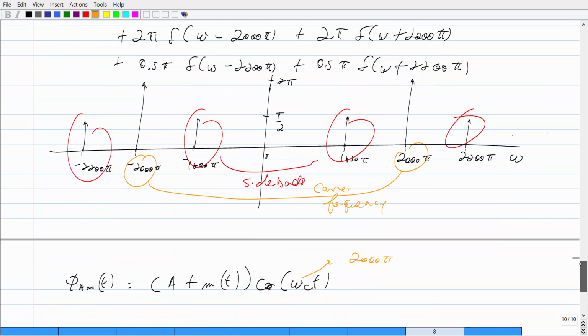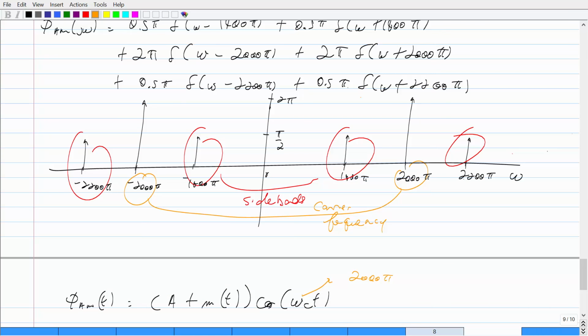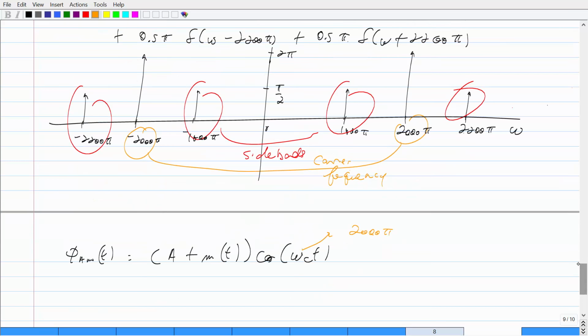So we can clearly see that if the impulse size is 2 pi, then the carrier amplitude should be 2, right? Because when you take the Fourier transform, you take whatever cosine you have, multiply by pi, and then you have an impulse. So in this case, you just have to get rid of the pi, and then you're left with A equal to 2, and that would be the carrier amplitude.